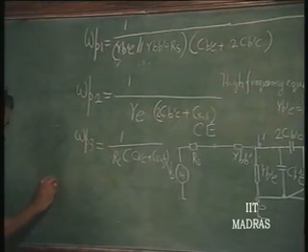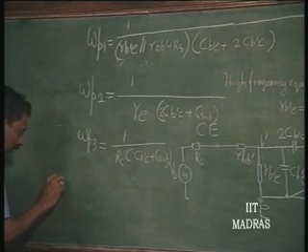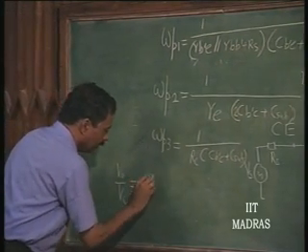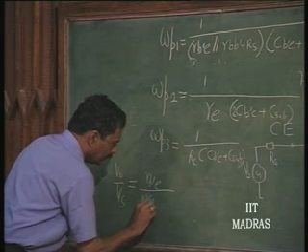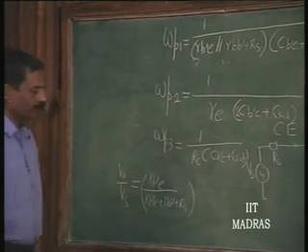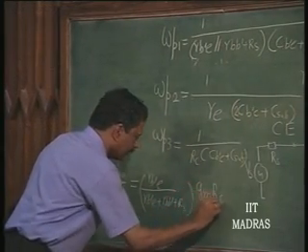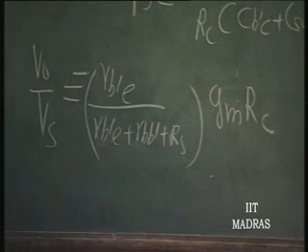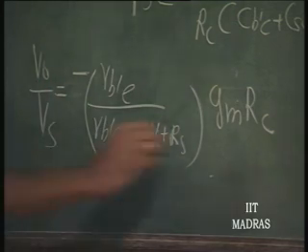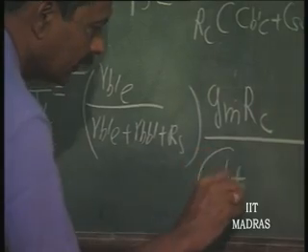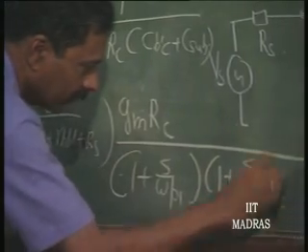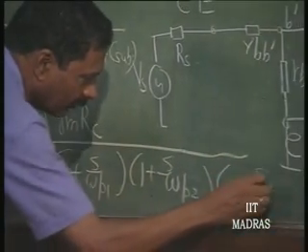Therefore, for the Cascode structure, I can write down the gain as V naught over V s as R B dash E divided by R B dash E plus R B B dash plus R s, that attenuation is always there, into G m into R C with a negative sign, then divided by 1 plus S by omega P 1, 1 plus S by omega P 2, 1 plus S by omega P 3.